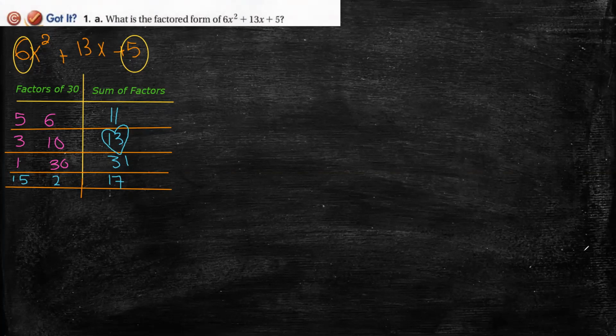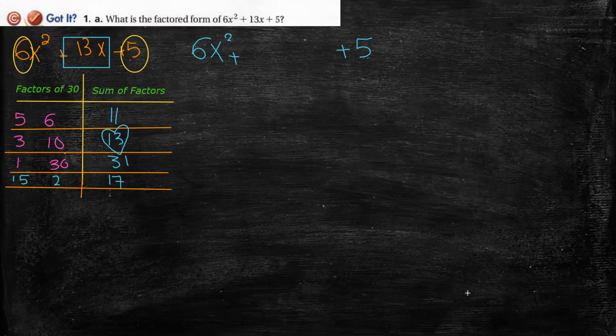Then, the second step, I will bring this trinomial here, which is 6x squared and then plus 5 here. I want you now to write the 13x but now with the new numbers.